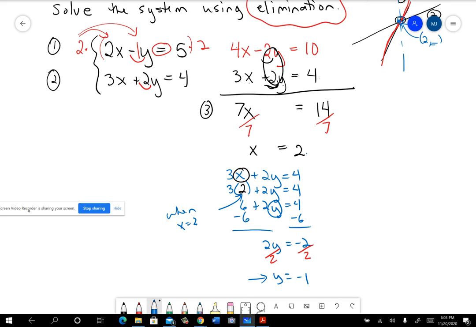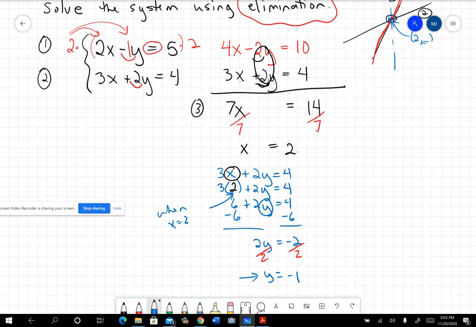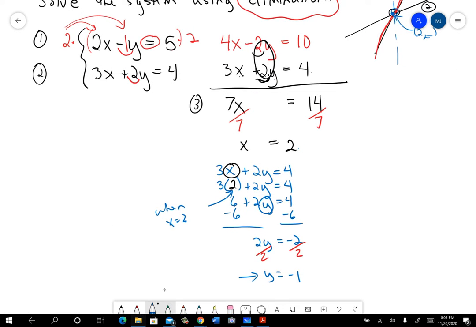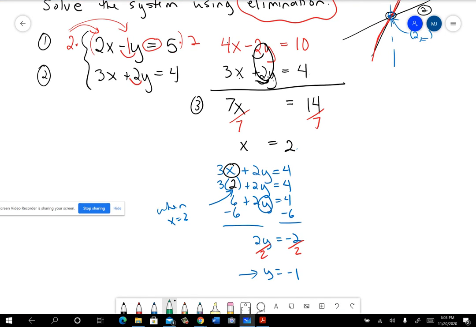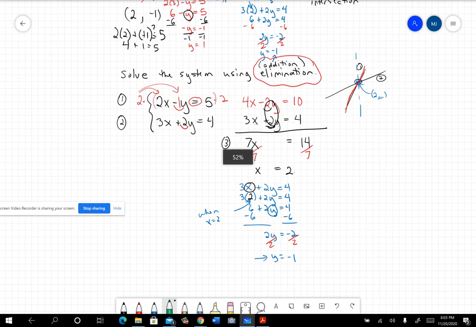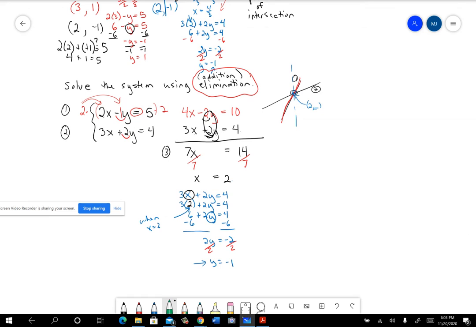So what I'm going to do is put those two together and make that ordered pair. So y equals negative 1, going back to that graph, is actually the horizontal line through that point of intersection. This is the horizontal line.